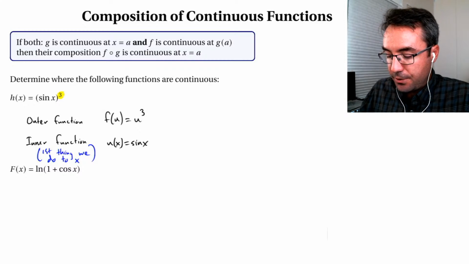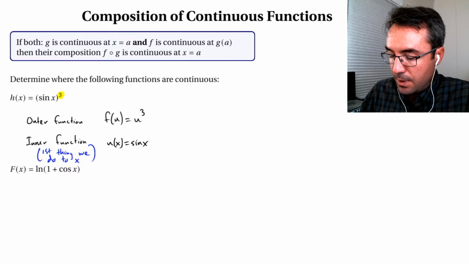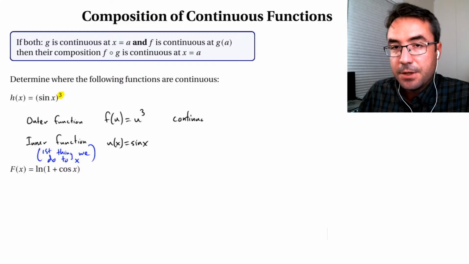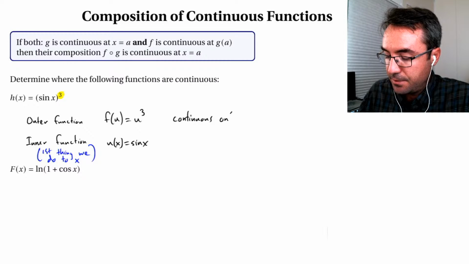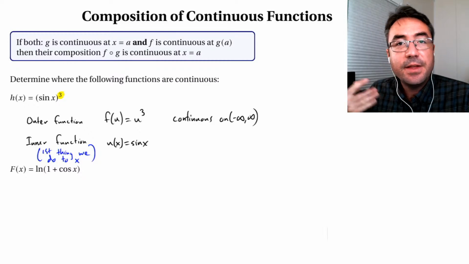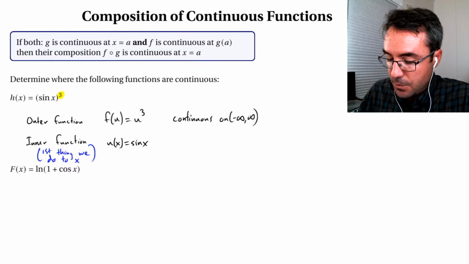All right, so we want to figure out what happens when we combine these two functions. Where is the result continuous? Well, u cubed, that's just a polynomial, so that's fine. That's continuous everywhere. It's continuous on the interval from -infinity to infinity. And then same thing with sine. Sine is continuous everywhere. No restrictions. So all is good.